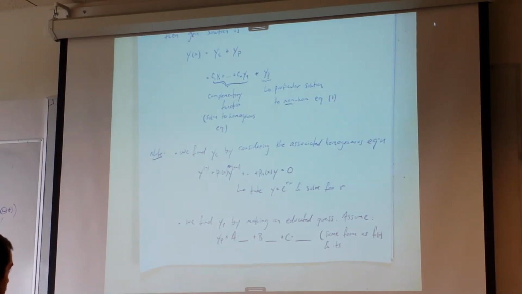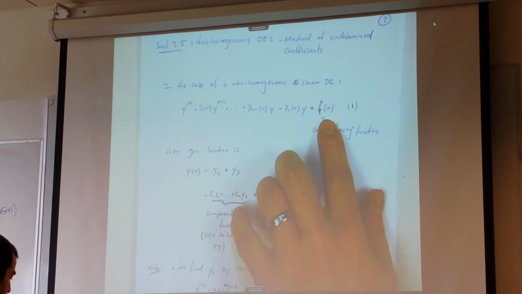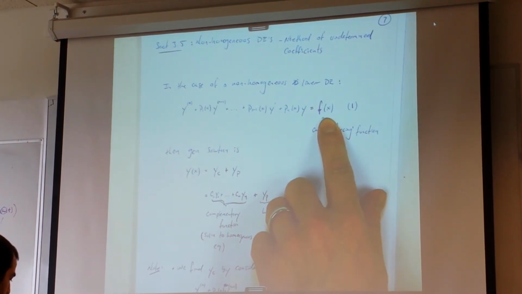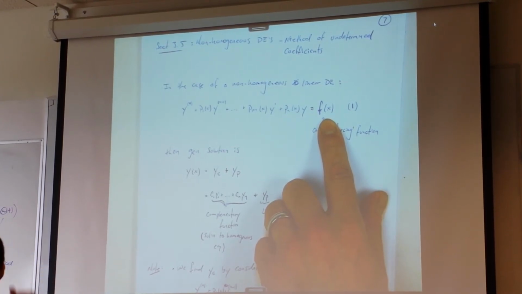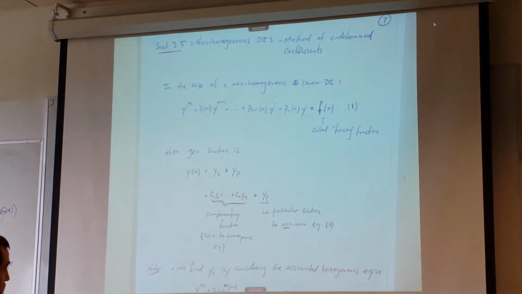So if f of x is just x cubed on the right, its successive derivatives are x squared, x, and constant. Up to a scalar multiple out front, 3x squared, 6x, stuff like that. So we want to include all the forms of its derivatives as well in our guess. Okay?